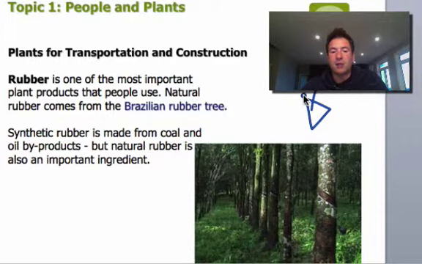A lot of it though is we use up our natural resources, and we use up a lot of natural resources, especially in North America, because we process a lot of things. We use up a lot of our coal and our oil byproducts and natural gas and such to produce our plastics.